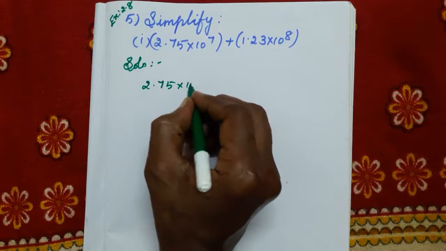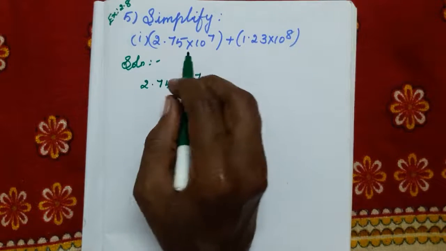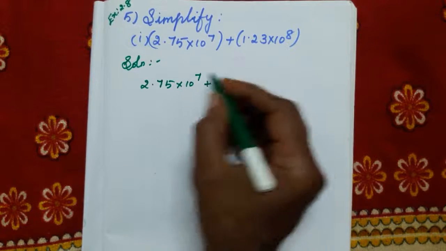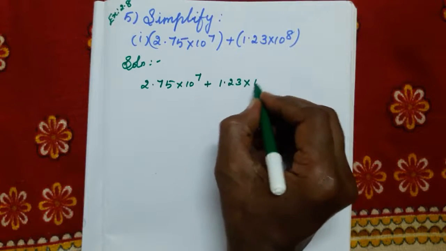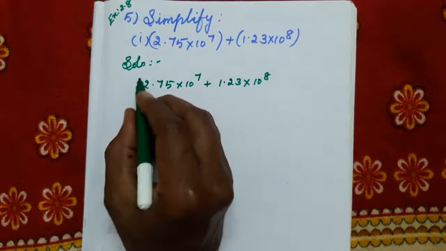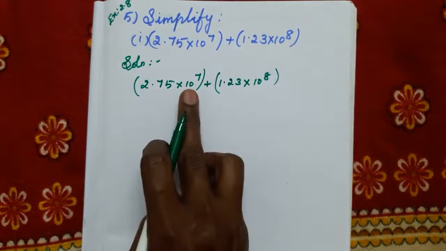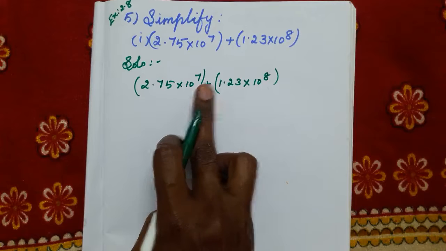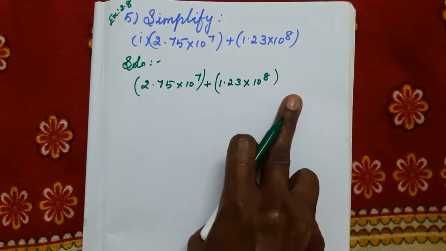2.75 into 10 power 7 is already in scientific notation. 1.23 into 10 power 8, both also in scientific notation. Already I have explained the powers should be equal, then only we can add or subtract.